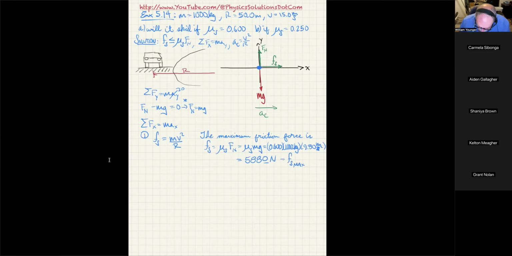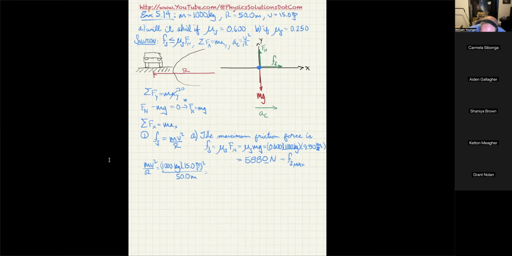Now, what matters is the velocity too big or too small to deal with that? So all I have to do is calculate mv squared over r, and this is for part A, the maximum friction. So I should go ahead and label that A. So now I can calculate mv squared over r is equal to 1,000 kilograms times v, which is 15.0 meters per second quantity squared, divided by 50.0 meters.